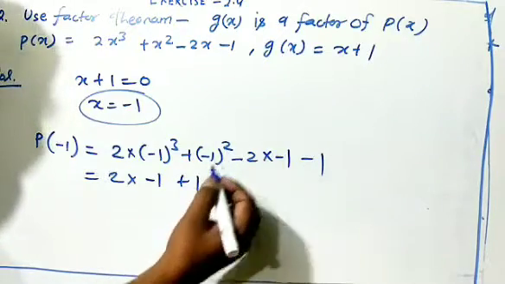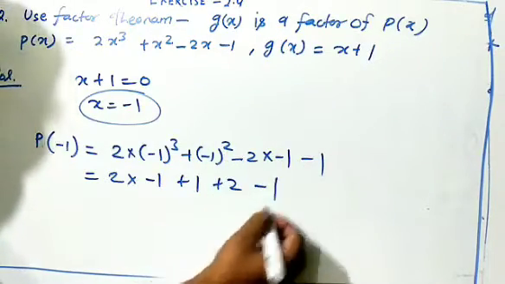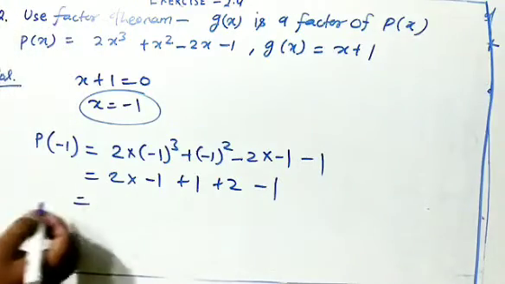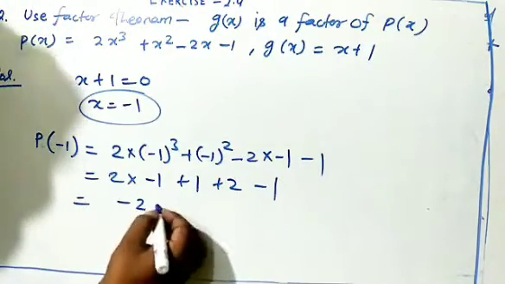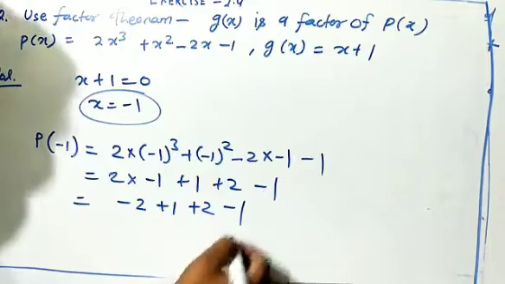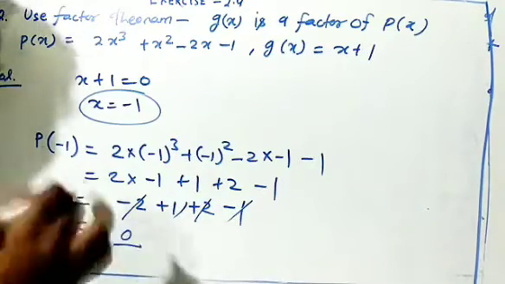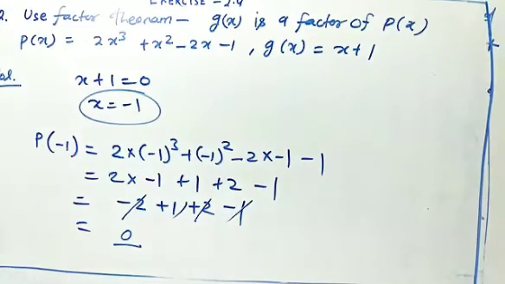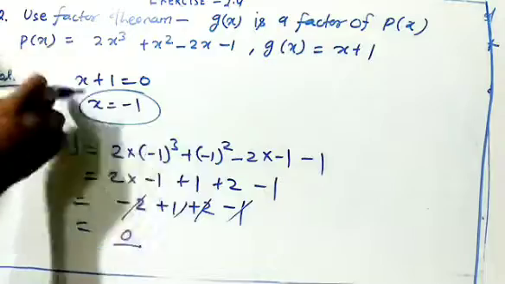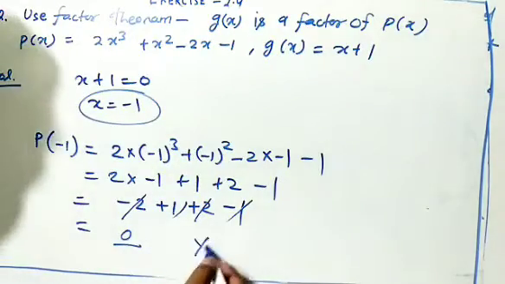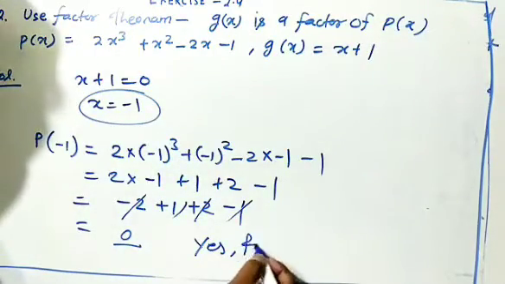Minus multiplied by minus gives plus 2, and then minus 1. It will cancel. So the answer is 0. It means that when we find p of minus 1 to be 0, x plus 1 is a factor. Yes, it will be a factor.